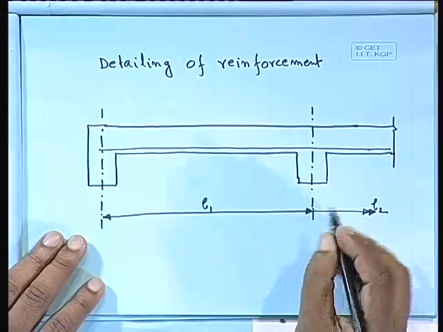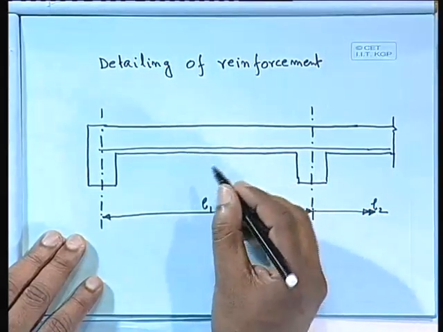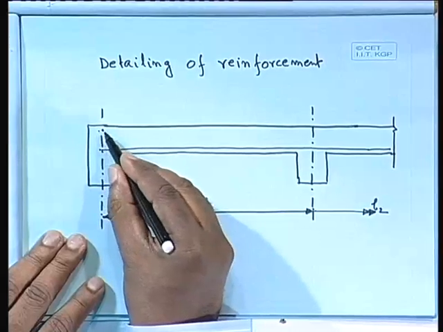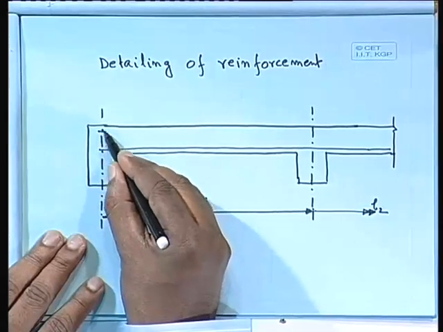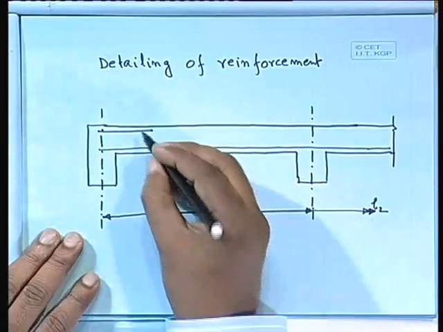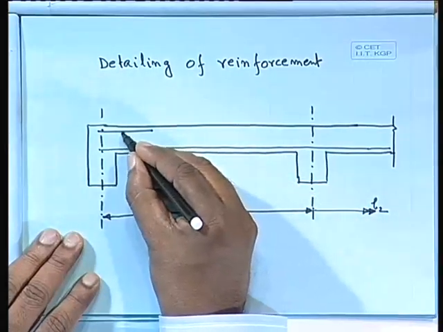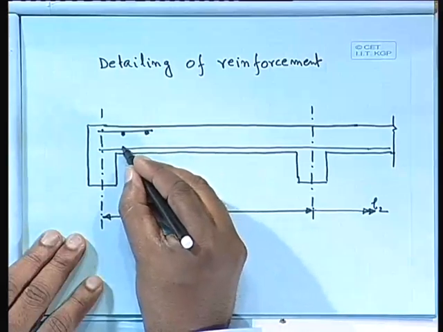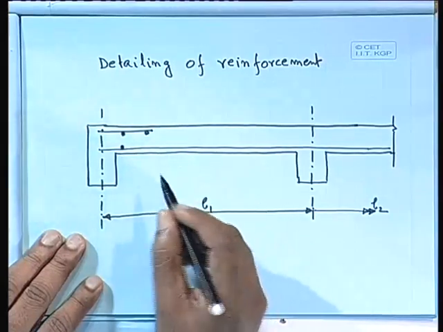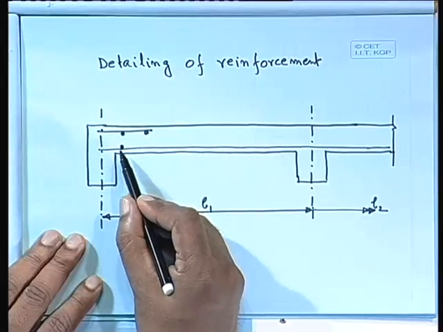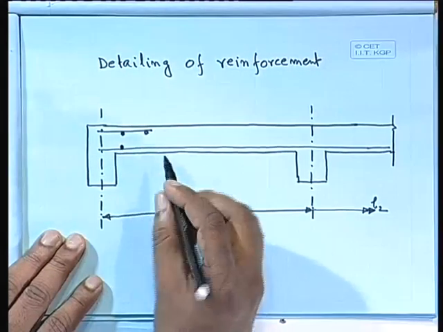There are two types of thing. Whenever we are specifying these bars, number one, where from the bar will start, this bar if we take it, where from this bar will start, that is your first question.